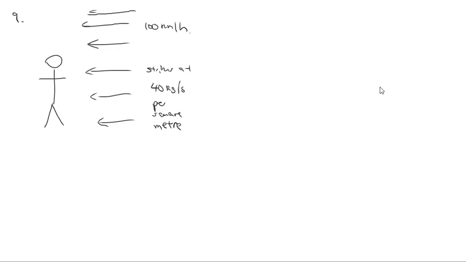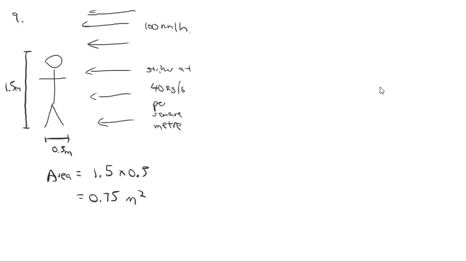Now, you've got a person who is 1.5 meters high, as well as 0.5 meters wide. That's our assumption. So what's the area of the person? Think of them as a rectangle. It's 0.5 times 1.5, so it's 0.75 square meters.